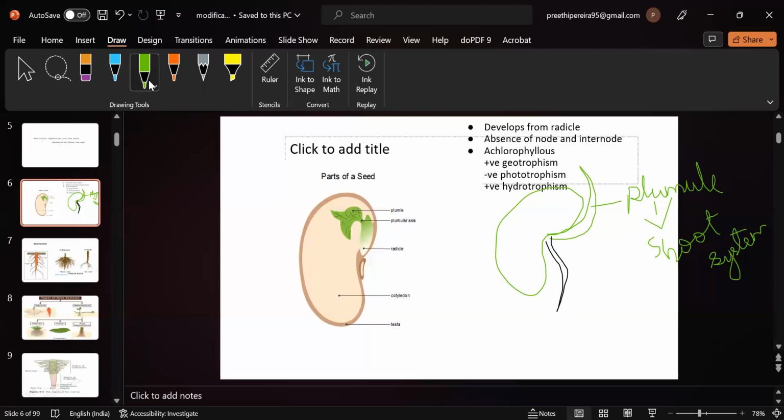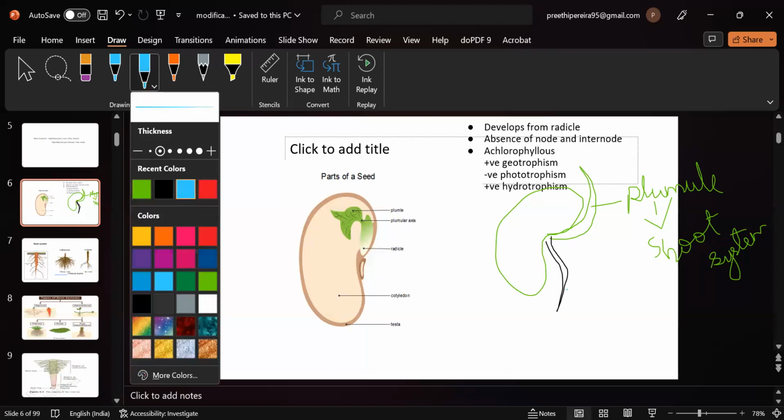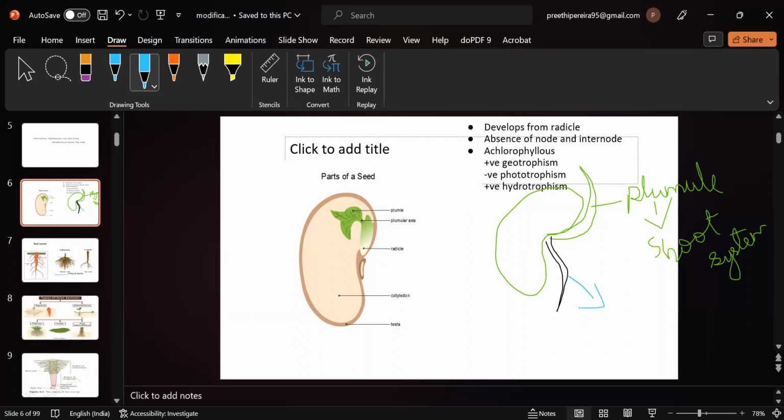Okay, and the one which arises, the one that goes downward, this one is known as radicle. This radicle later gives the root system.